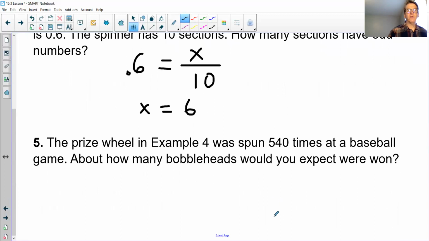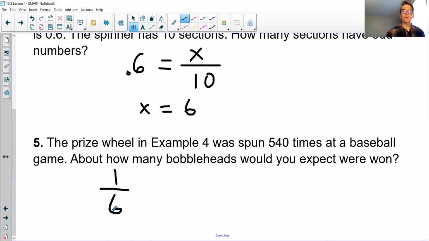And the last one on your own: the prize wheel in example 4 was spun 540 times at a baseball game. About how many bobbleheads would you expect were won? We have to go back to example 4, where the theoretical probability is given as 1/6.